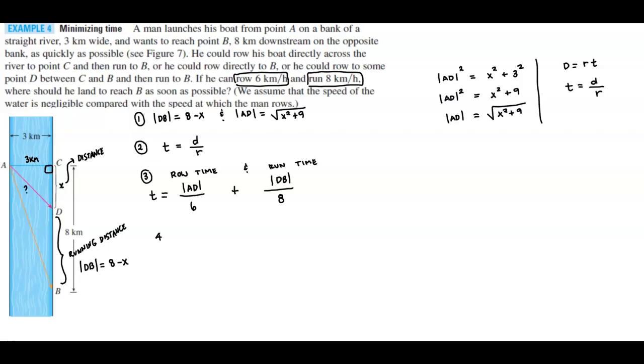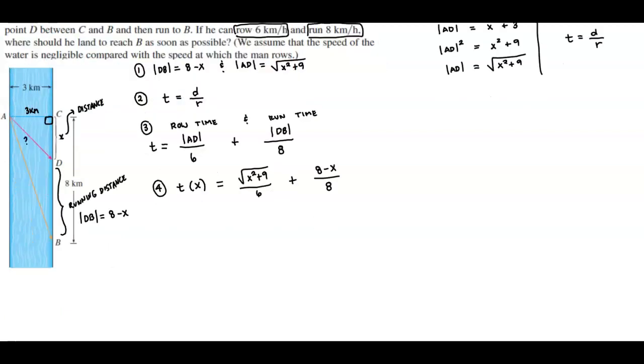So in step 4, we're going to write this as a function. This is going to be t of x, and the absolute value of AD is the square root of x squared plus 9 divided by 6, plus the absolute value of DB, which is 8 minus x, divided by 8.